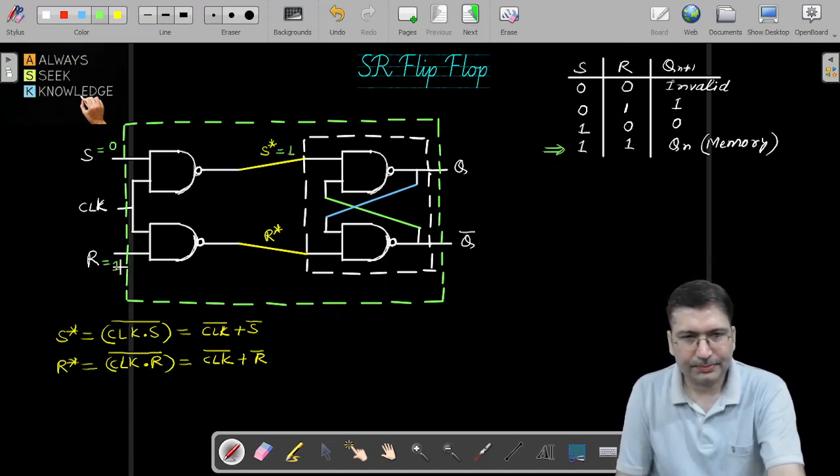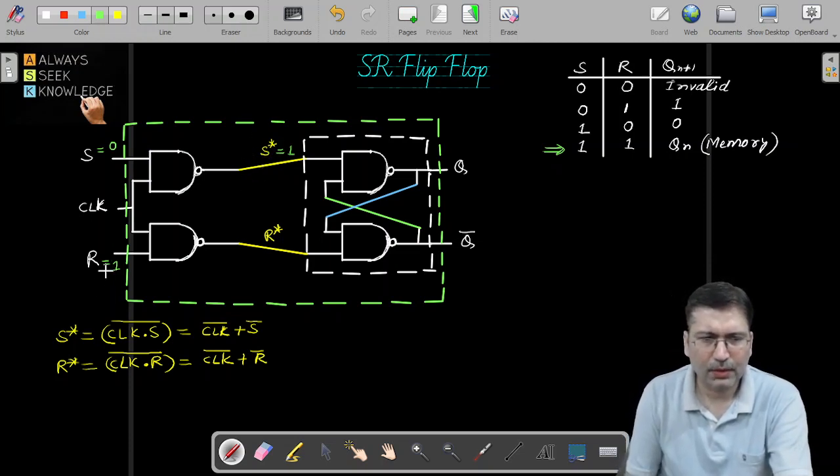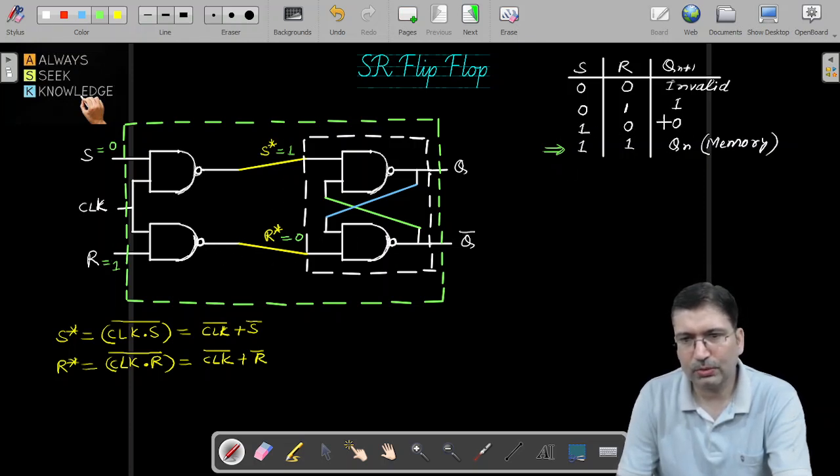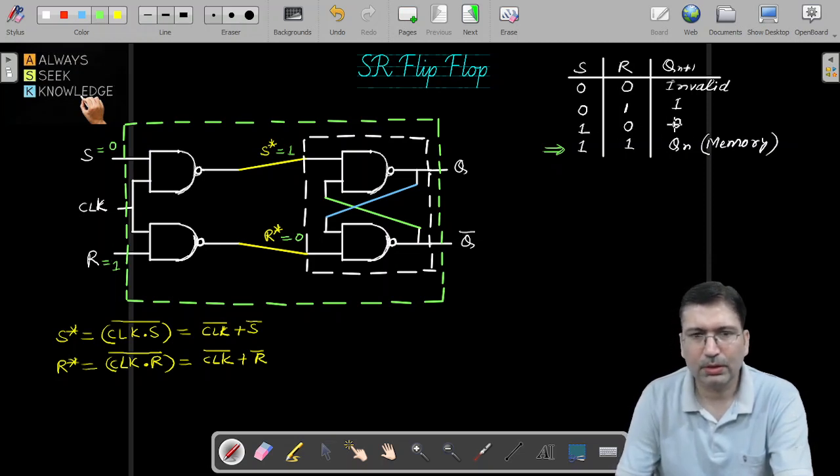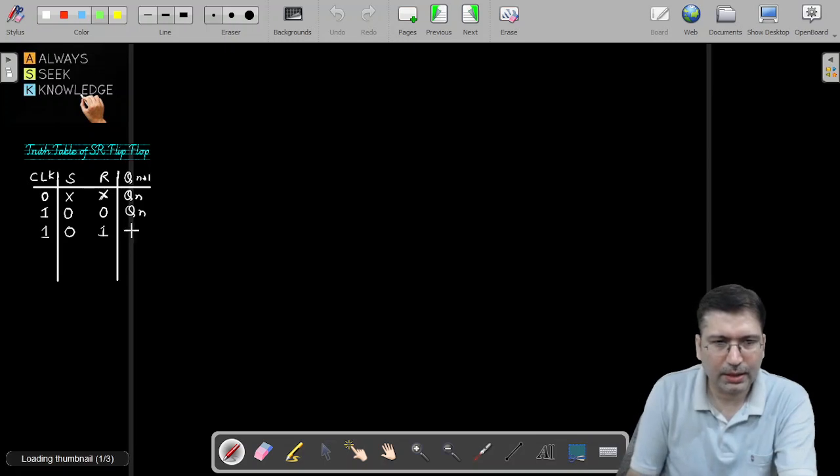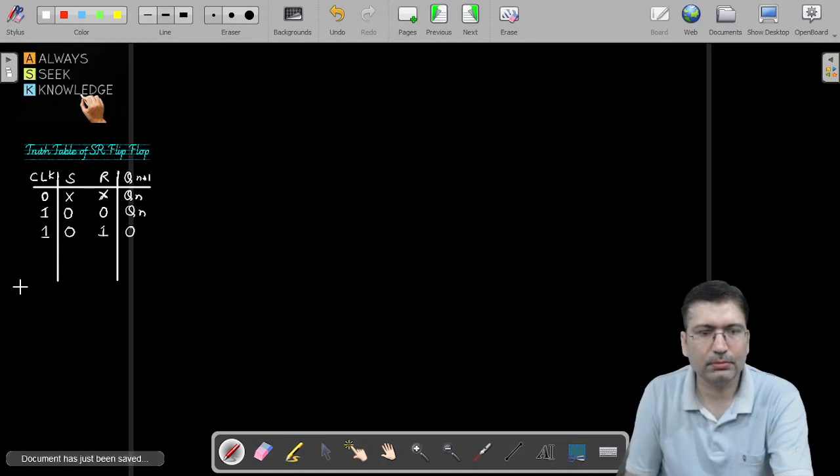And because this is 1, and the clock is also high, 1 1 will give us 0 here. That means we are passing 1 0. When we pass 1 0, the new state will be generated as 0. So we will get Qn plus 1 as 0, right?